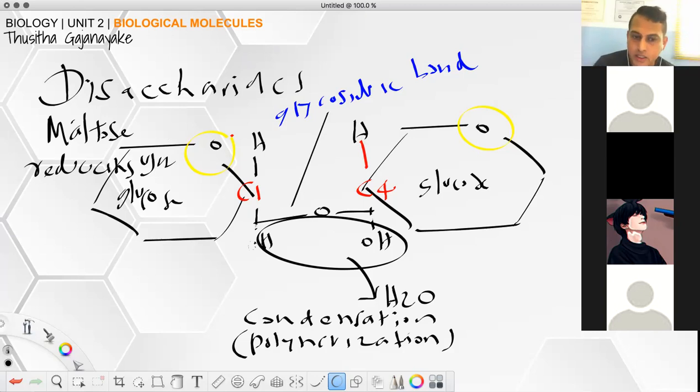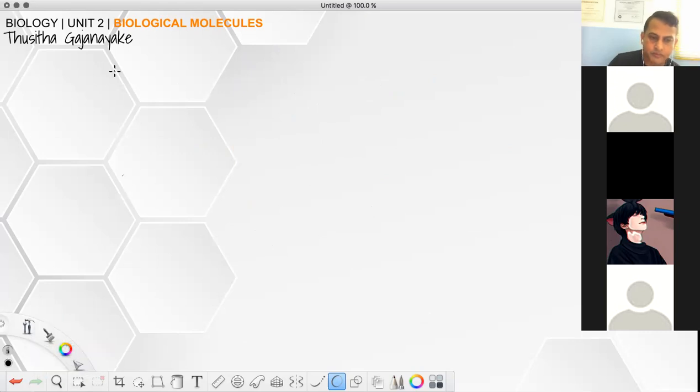Right, let's see sucrose. Right, this is the glucose molecule.